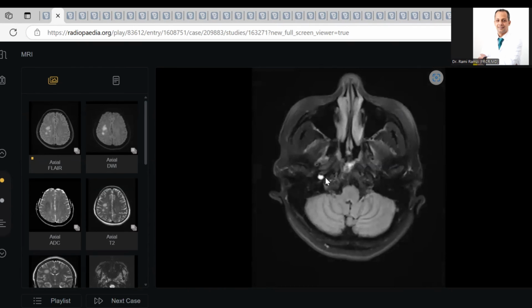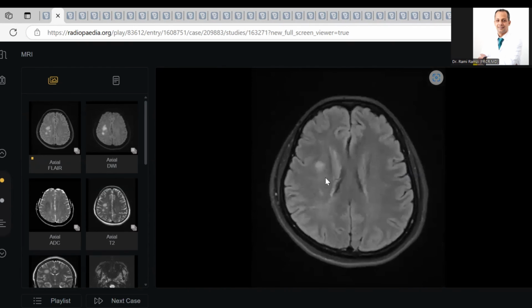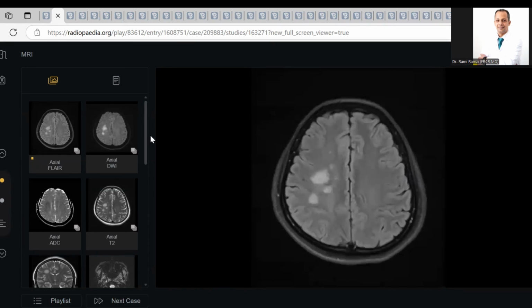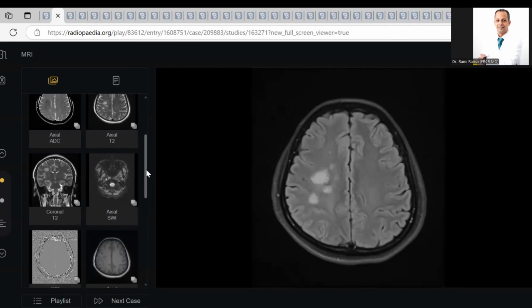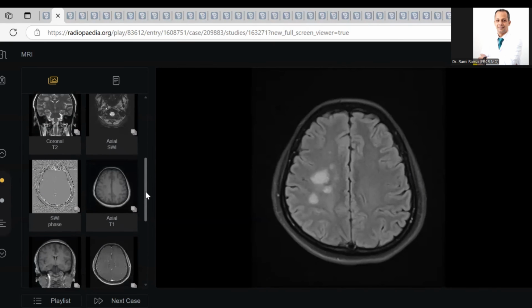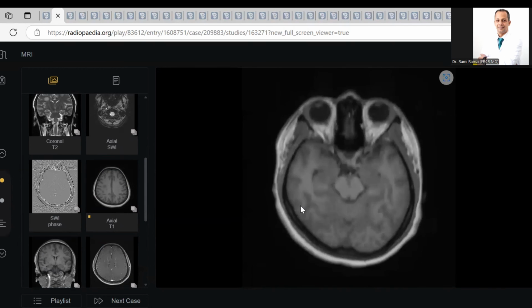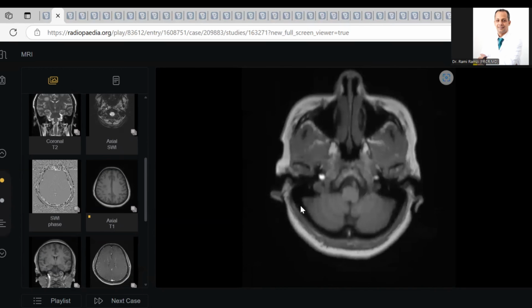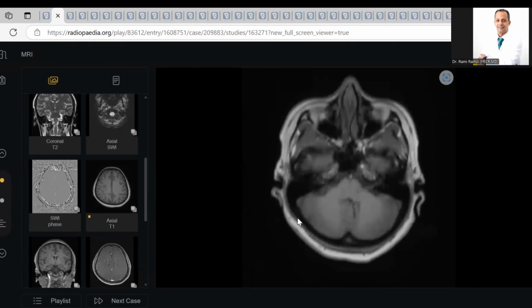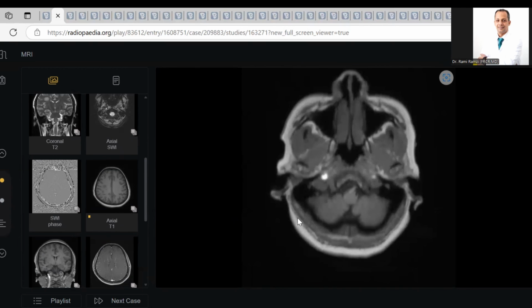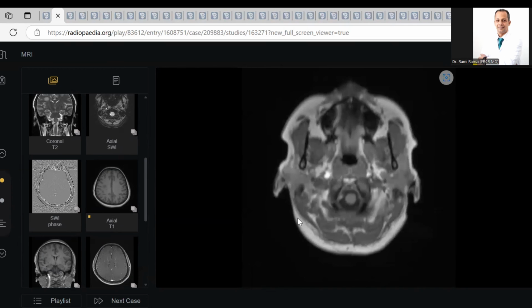So there is an abnormal signal here, so I must think of vascular injury. You are asking here, don't ask post contrast before T1 fat set, or at least T1. This is T1, the same, high signal here. See? And it is in the expected location of the ICA.